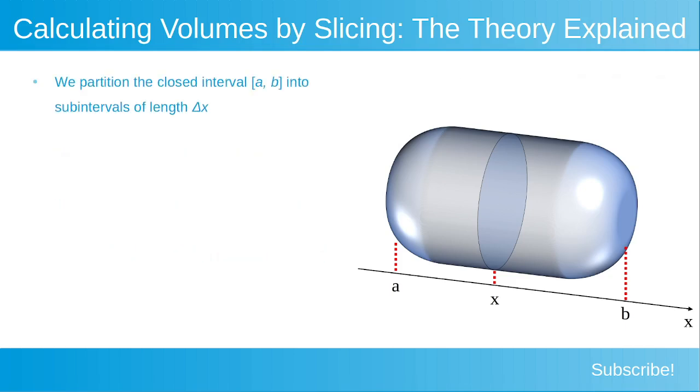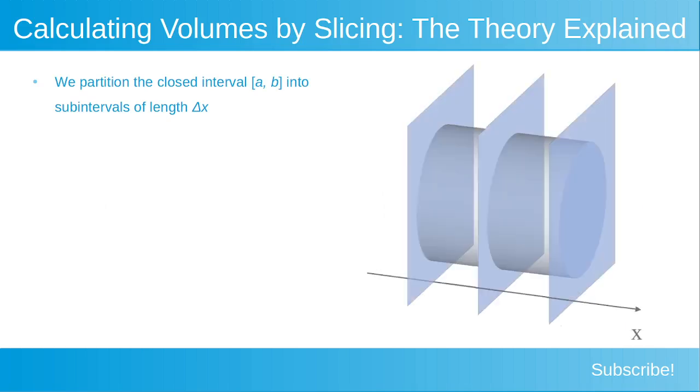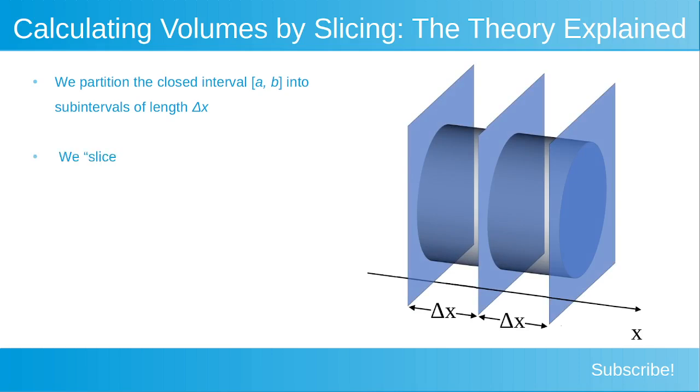We partition the closed interval from a to b into subintervals. Now these subintervals have length delta x. We slice the solid at the partition points with planes perpendicular to the x-axis.